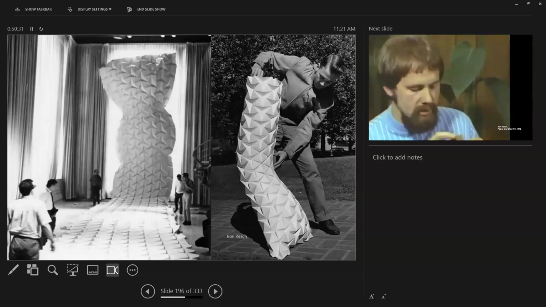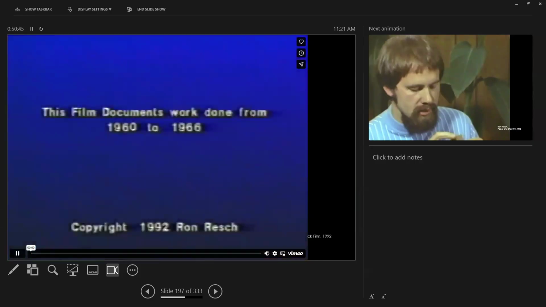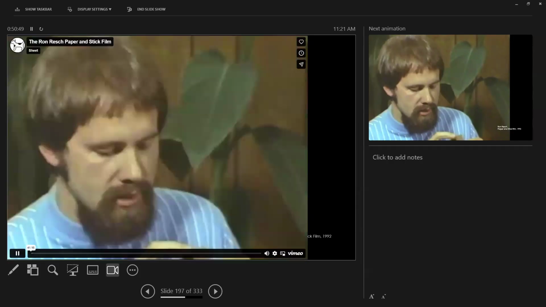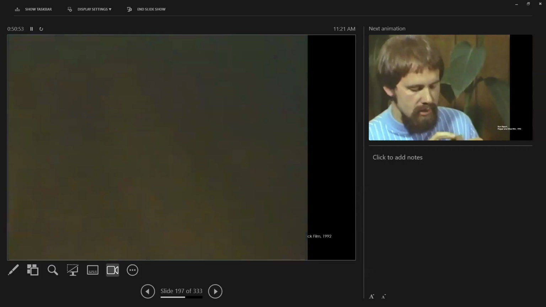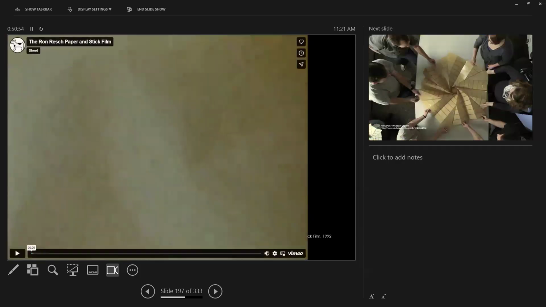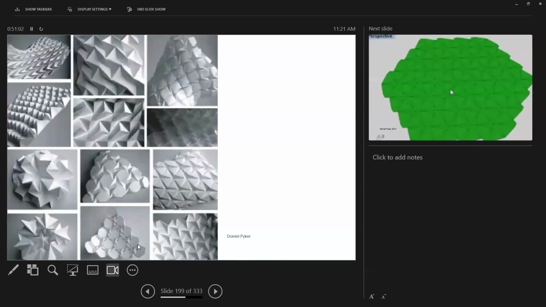Also, by the way, this paper folding experiments, the fact that this paper folding was done by Ron Resch. There's this great video of all of his paper folding documented from 1992. The fact that paper folding cannot be very easily modeled in the computer is what led to the development of Kangaroo.